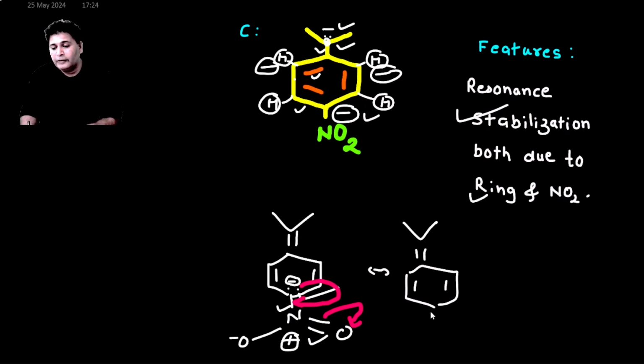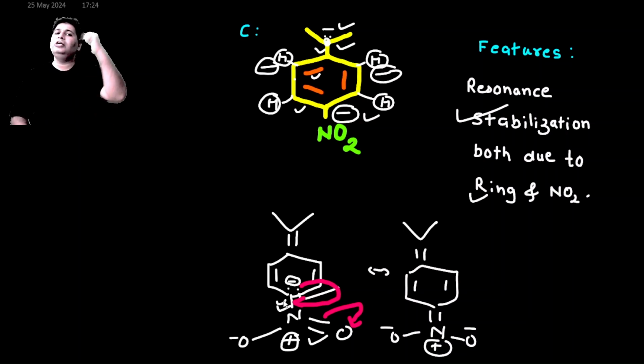Because now it will have the minus charge on the oxygen. Earlier, the minus charge was remaining on the carbon. When the minus charge was delocalizing inside the ring, it always happened to be on the carbon. But this is the structure where NO2 participated.